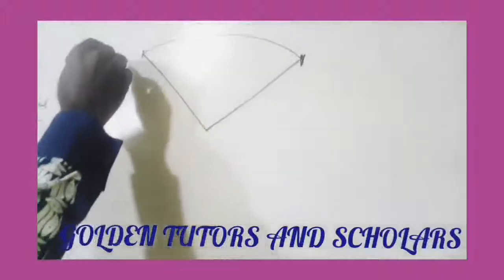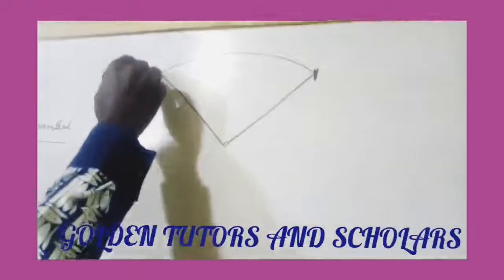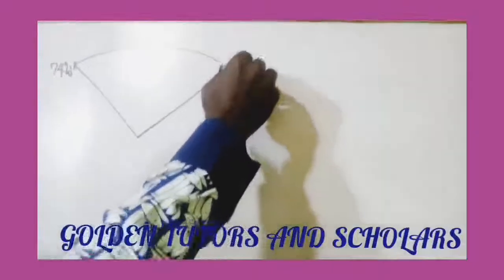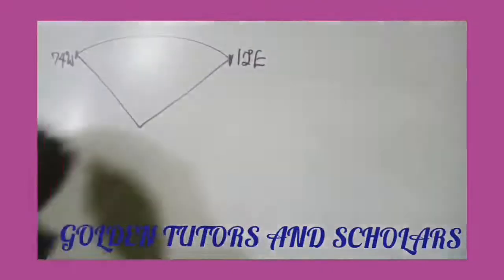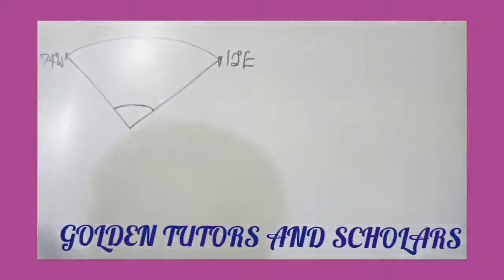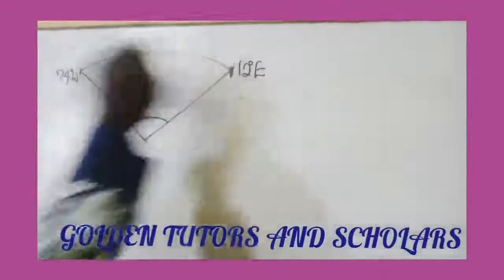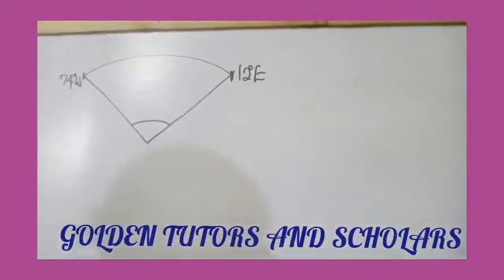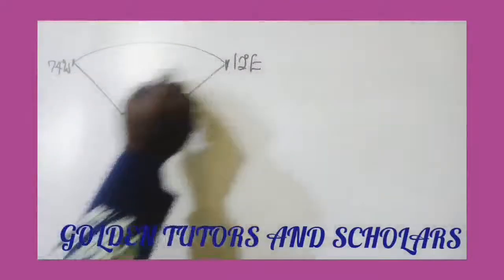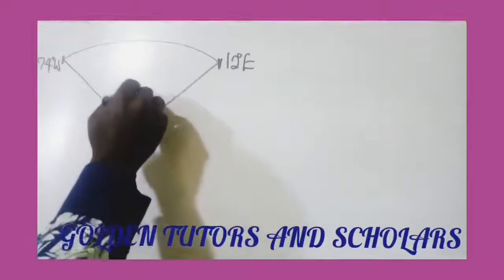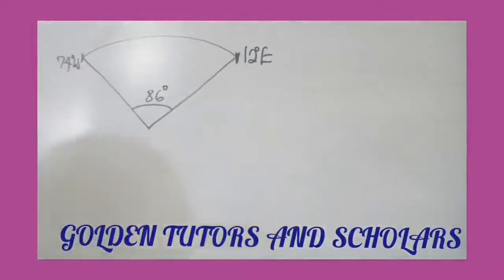New York is 74 degrees west here, and Rome is just 12 degrees east. Now, the angle subtended at the center between them will just be the addition of these two longitudes. So 74 plus 12 gives us 86 degrees.